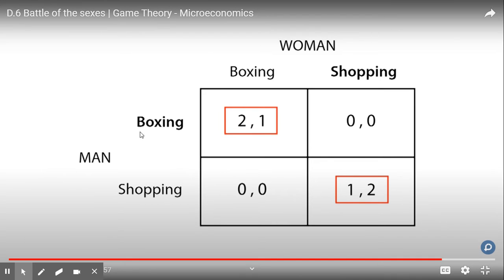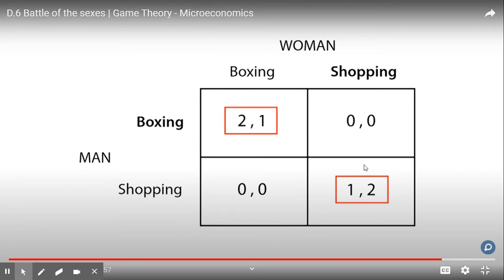So first of all, if you want to see whether there is a dominant strategy for the men or not, you will check if the women choose boxing, men have two options, whether to choose boxing or shopping. So in this case, the payoff of men, you can see, is the left value.